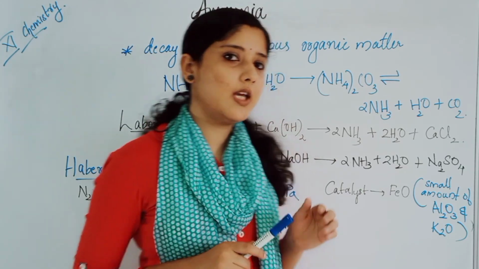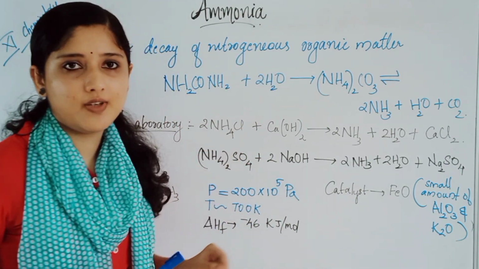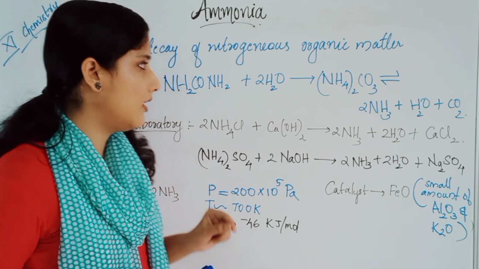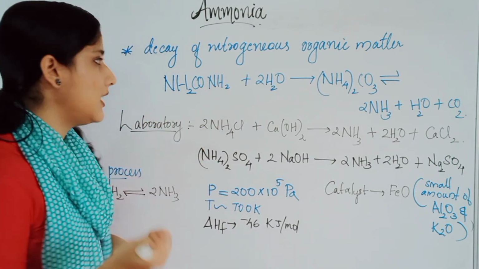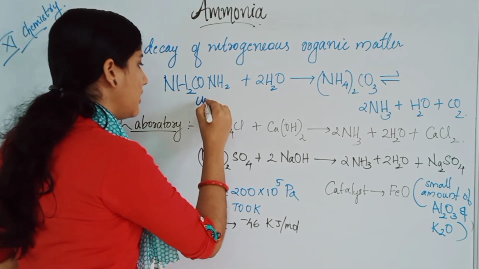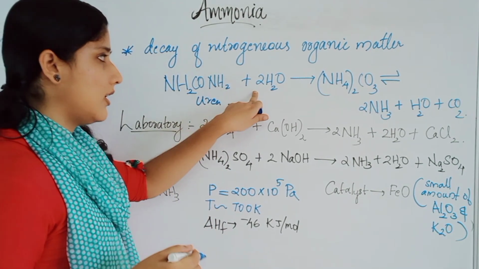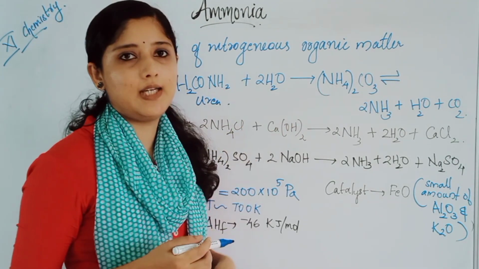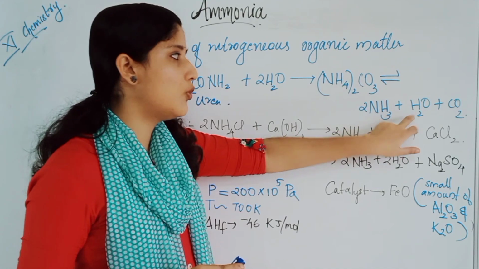By the decomposition of nitrogenous organic matter we can prepare ammonia. This is NH2CONH2. What is this? It is urea. NH2CONH2, urea with water will give you ammonium carbonate, and ammonium carbonate reacts to form ammonia plus H2O plus CO2.